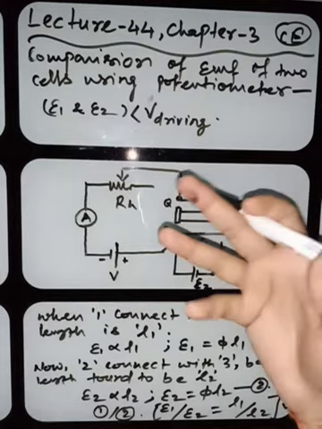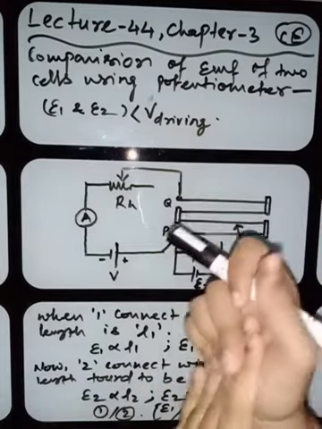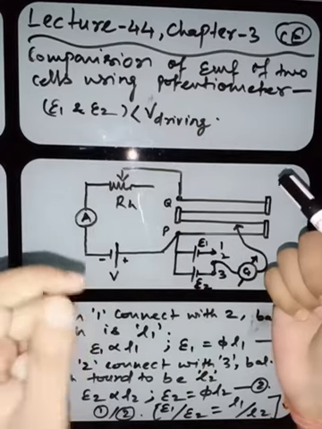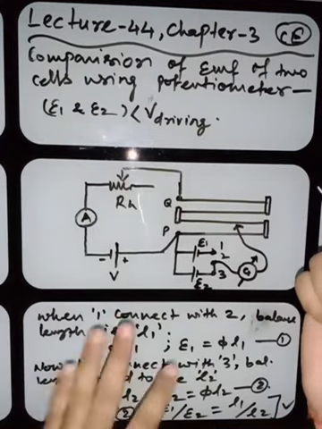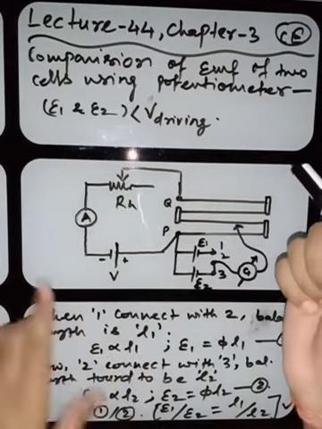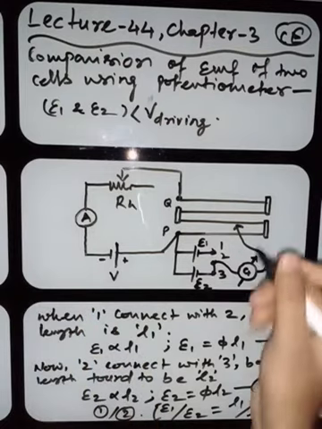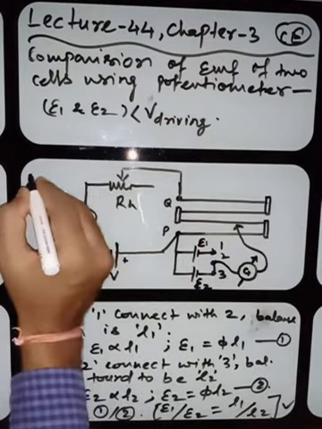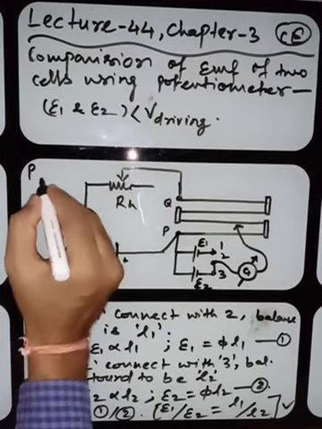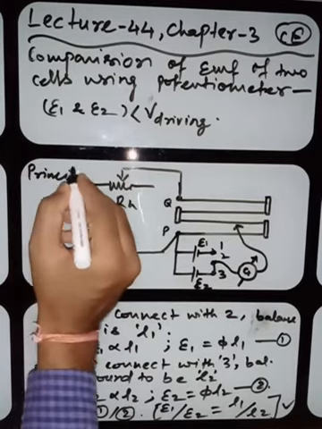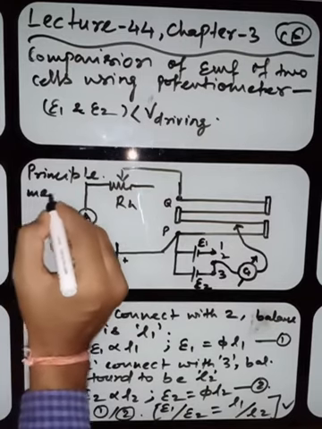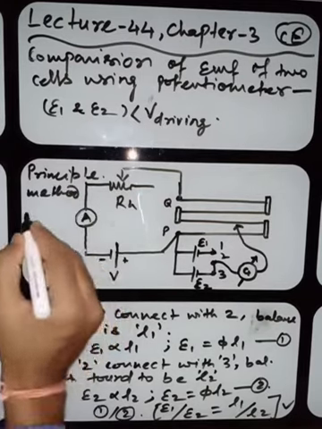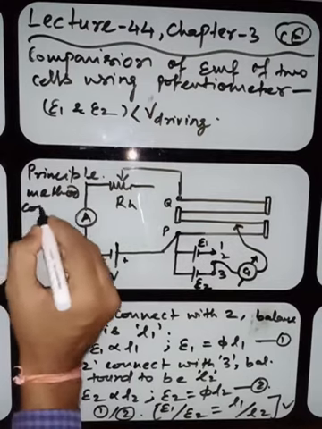Otherwise the question will ask, explain the principle of potentiometer, but you have to start writing this experiment as an answer with the principle first. Remember all the things I told you in the last lecture: principle, then method, then construction or circuit diagram.